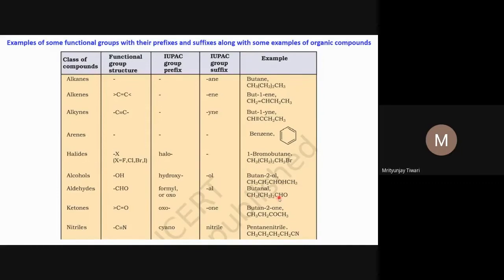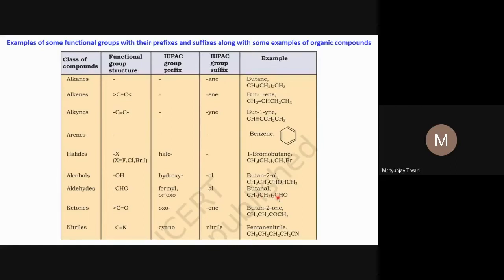So we start numbering from here: 1, 2, 3, 4, because two CH2 groups are there. And since we start numbering from the carbon atom which is part of the functional group itself, there is no possibility of position isomers. So we won't show the position of the CHO group. We won't write 1-al. So this is butanal.